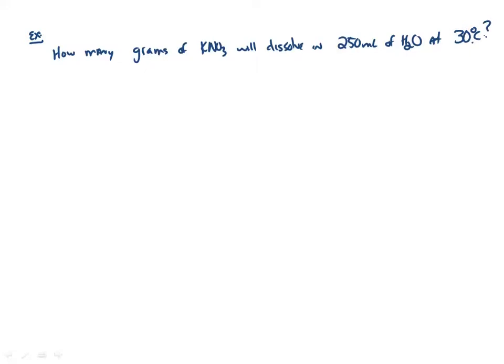What we're going to need to do is use that chart, and we're also going to have to adjust that chart so that it shows how much it would be in 250 grams. The first thing we need to do is look at the chart. We want to look at that 30-degree line and see what the solubility would be.